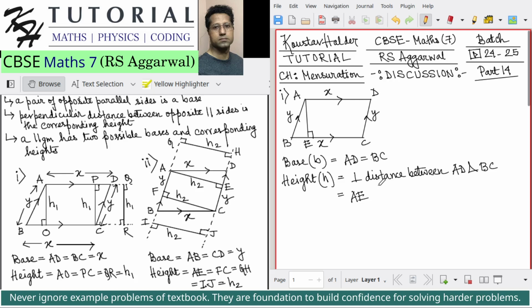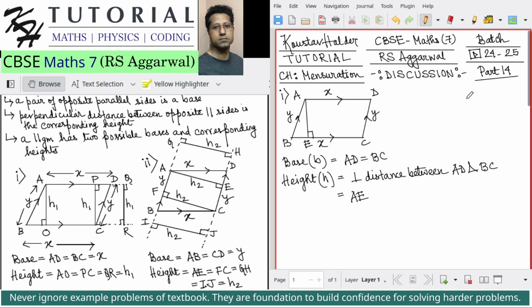Now this height AE can be measured or drawn in various ways. For example, AE is one way of drawing the height of the parallelogram when the base is equal to AD and BC. So the line segment AE must be perpendicular to both AD and BC.